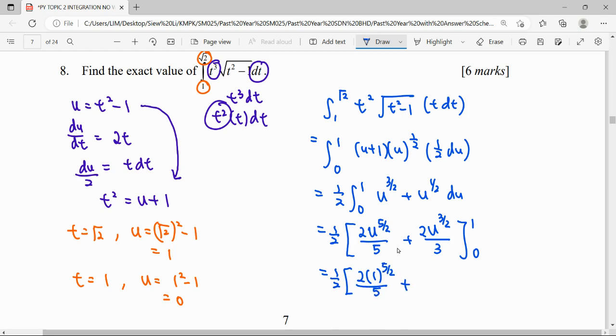Substitute 1 and substitute 0. Notice that when we substitute 0, everything becomes 0. So evaluate this answer and give it in exact value. So give it as an exact fraction, which means do not use a decimal here.